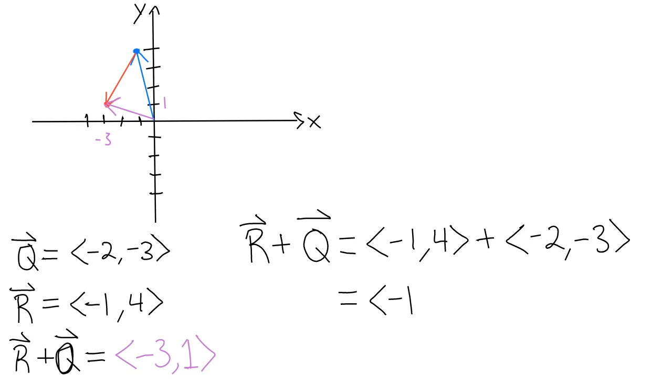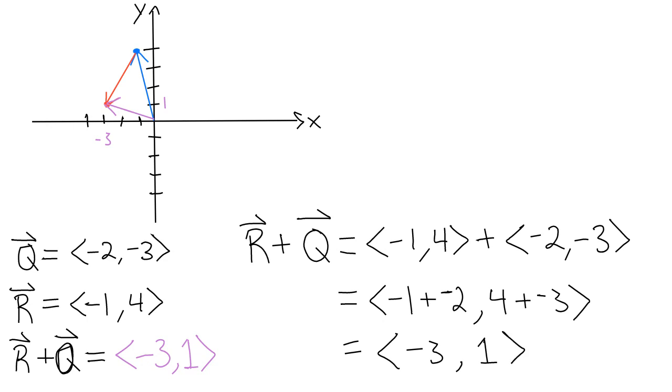So it's going to be -1 plus -2 for the x components. And for the y component, it's going to be 4 plus -3. -1 minus 2 is -3. 4 minus 3 is 1. There you go. You can add vectors arithmetically, or you can visually line them up head to tail and then finish the triangle.